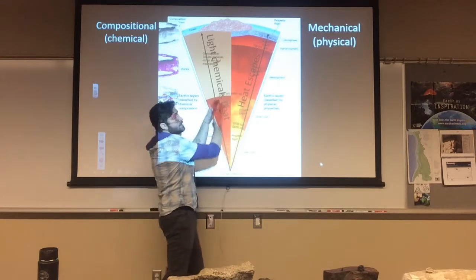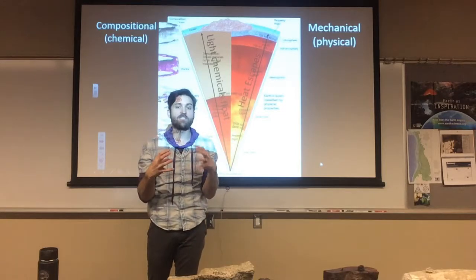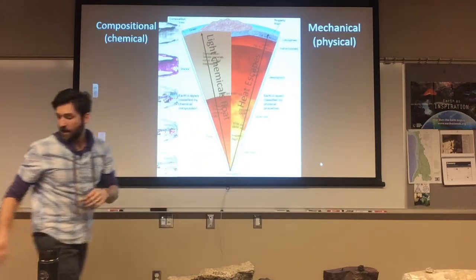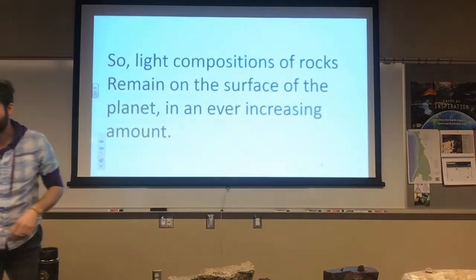Okay? And then it is these two processes together that are preserving the heat of the interior of the Earth. Okay? So we don't become an old, cold, dead planet like Mars, right?